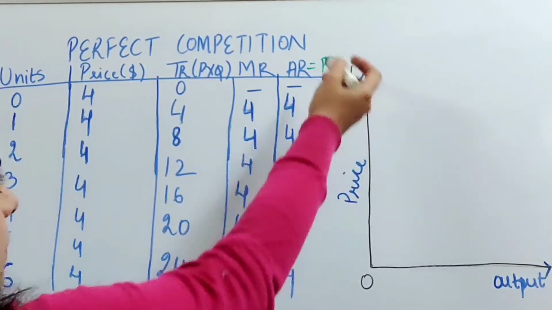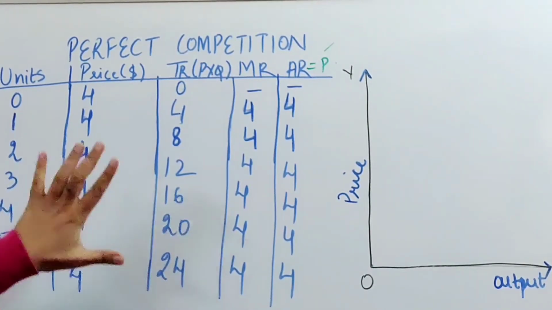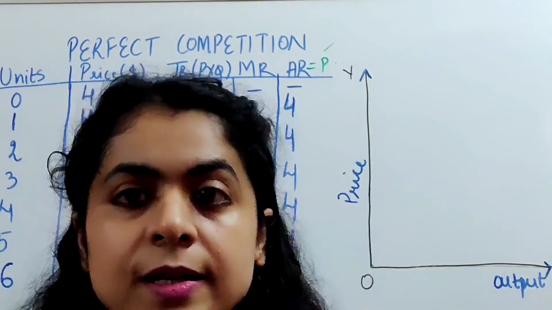Then average revenue is price. So price, AR and MR, all three are equal in case of perfect competition because of the constant price. So constant price, constant MR, constant AR, and total revenue will increase at a constant rate.